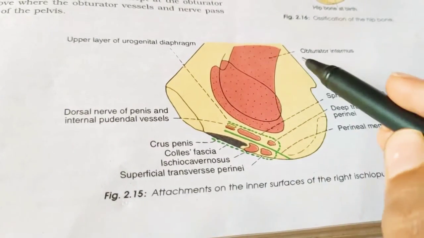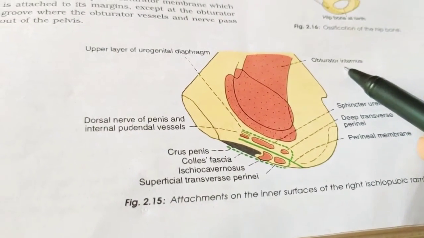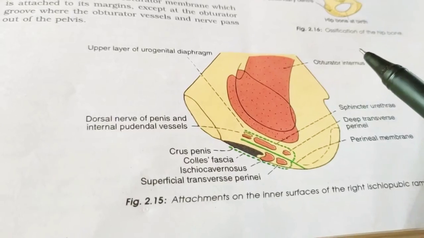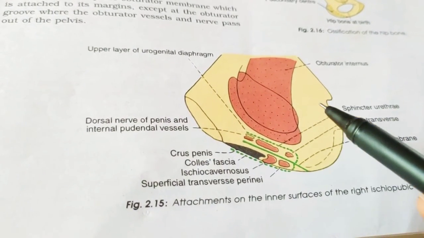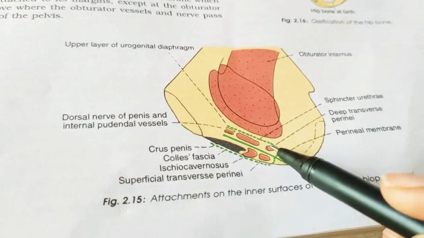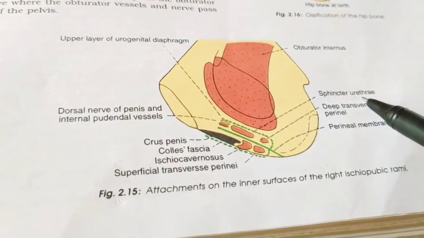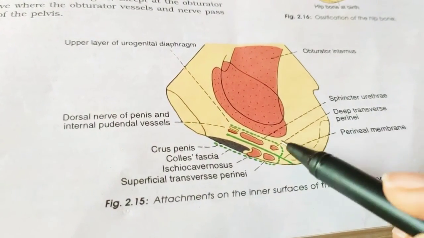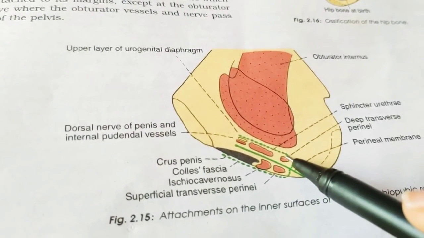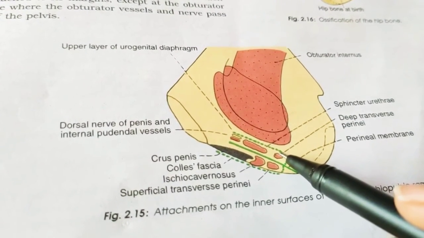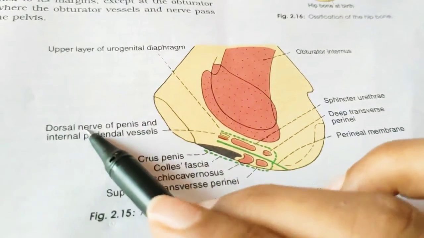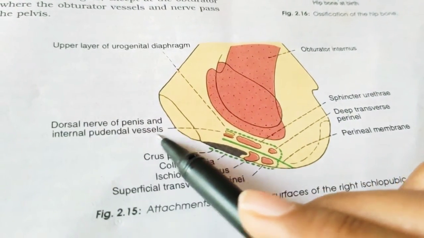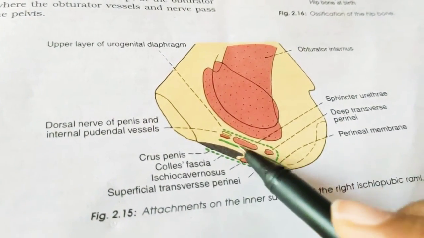This upper area is giving origin to the obturator internus muscle, and the middle area gives origin to sphincter urethrae and the deep transverse perineus. It is related to the dorsal nerve of the penis and internal pudendal vessels. All these form this upper area.